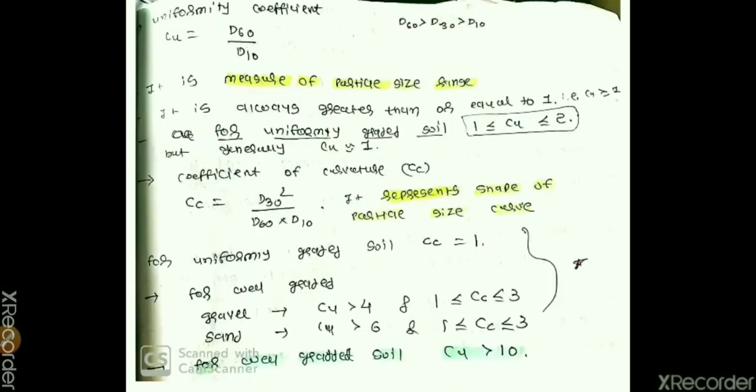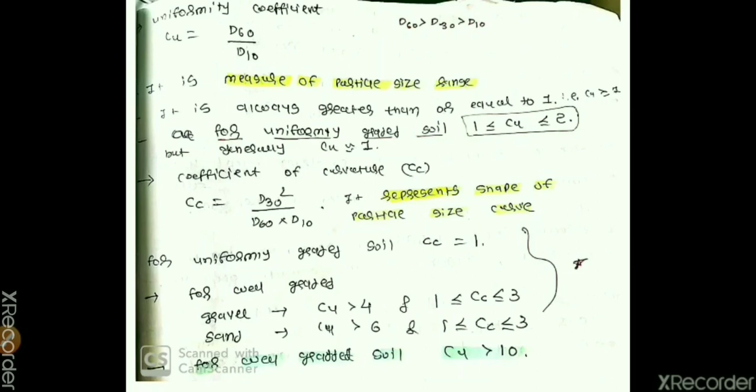Now according to D60, D10 and D30, there are two coefficients you have to remember: the uniformity coefficient and the curvature coefficient. The uniformity coefficient is a measure of the particle size range, and the coefficient of curvature represents the shape of the particle size curve.